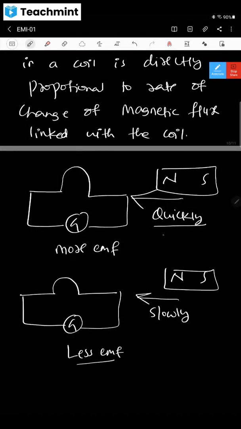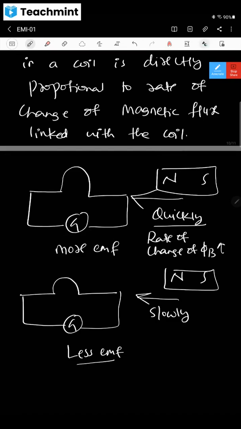Here, moving quickly means the change in magnetic flux is more, no? Is the rate of change of magnetic flux more or not? Yes or no? The rate of change of magnetic flux is more in the first case.